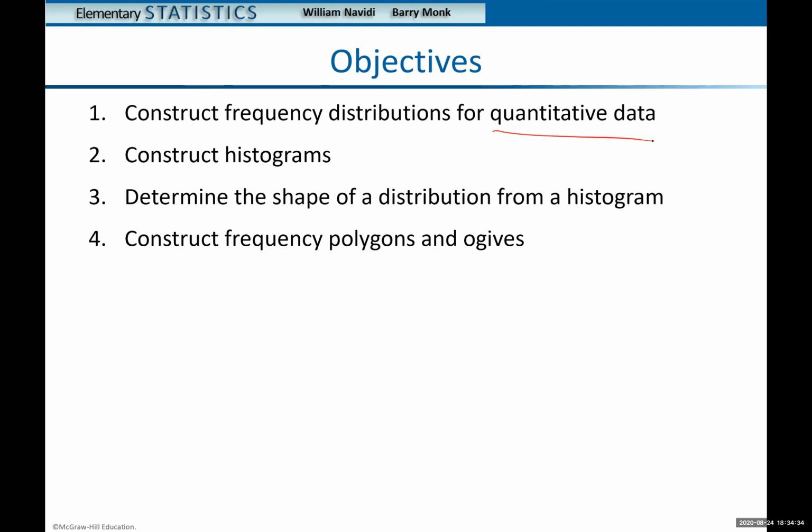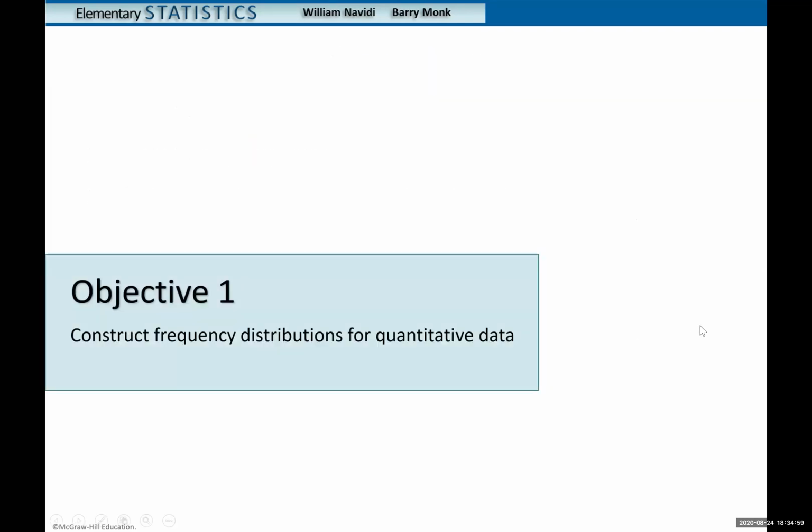And then instead of bar graphs, we're going to use histograms. And then also the different shapes of distributions from a histogram. This is very important for the next chapters. And lastly, we have the other two graphs, frequency polygons and ogives. All right, so let's start with frequency distributions for quantitative data.